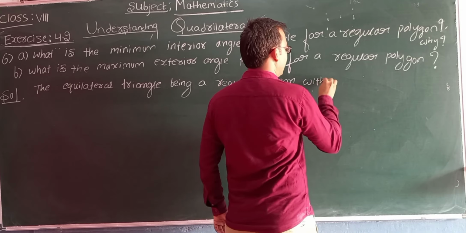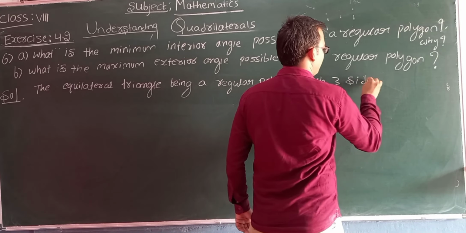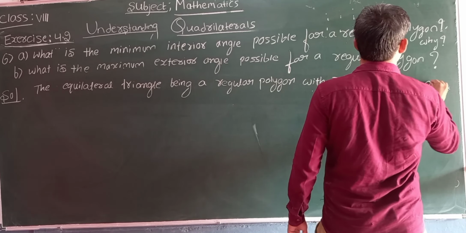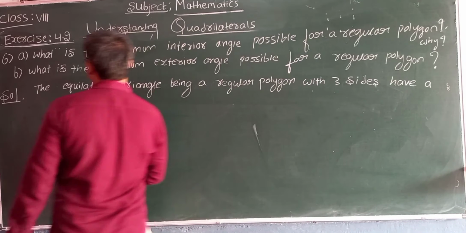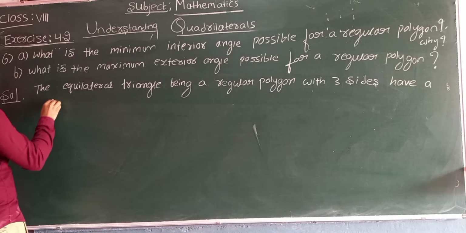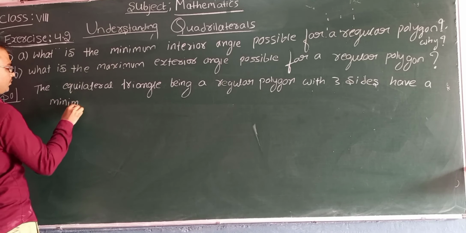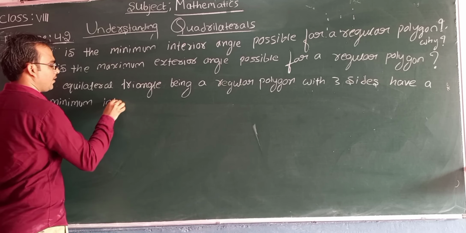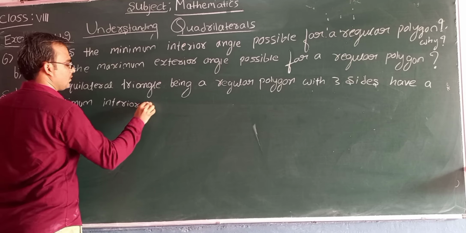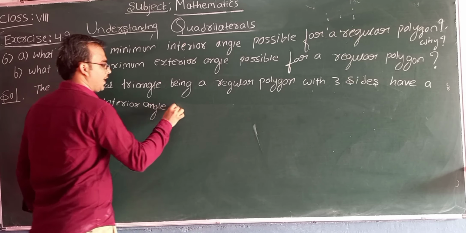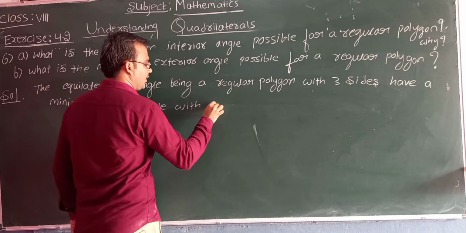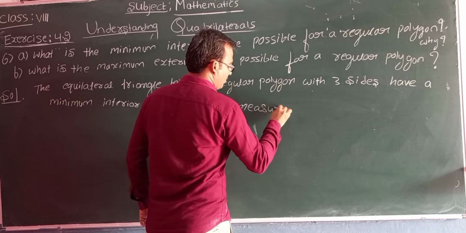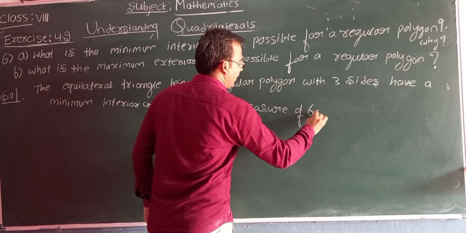The equilateral triangle, being a regular polygon with 3 sides, has the minimum interior angle with the measure of 60 degree.